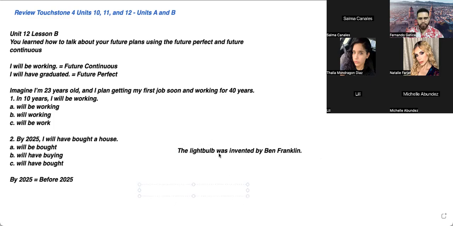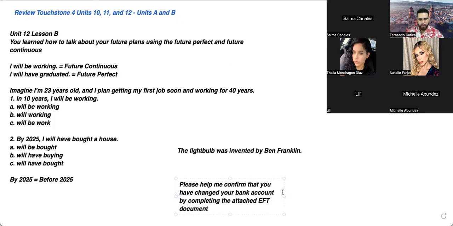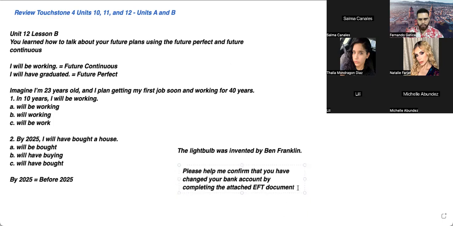A ver, ya lo estoy poniendo en el chat. Okay. If I translated this to Spanish, it's not a connector. Look.